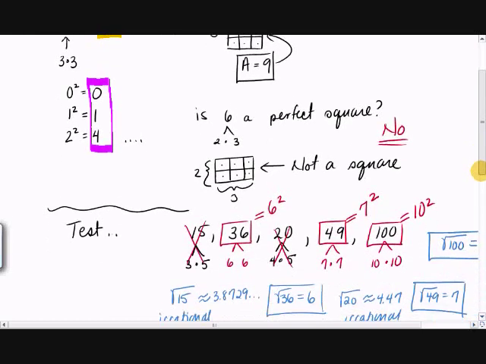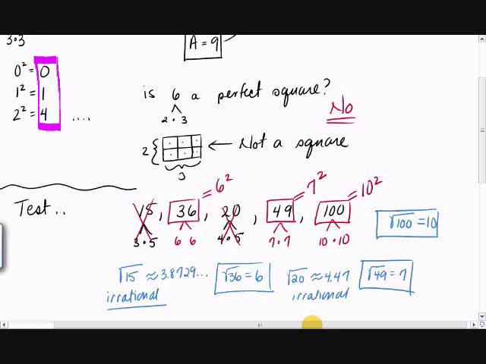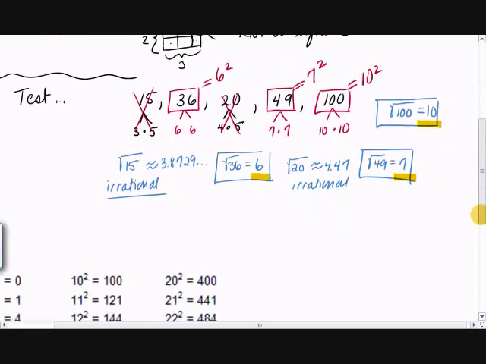Analytically, if we're trying to figure out whether the answer to is it a perfect square, using our calculator, you can take the square root of the number. If you get a nice integer, like we did here, here, and here, an integer answer, it means that the number is a perfect square. If you get something that's not an integer, if it's irrational, then what you started with is not a perfect square. So here's a little list of perfect square numbers.